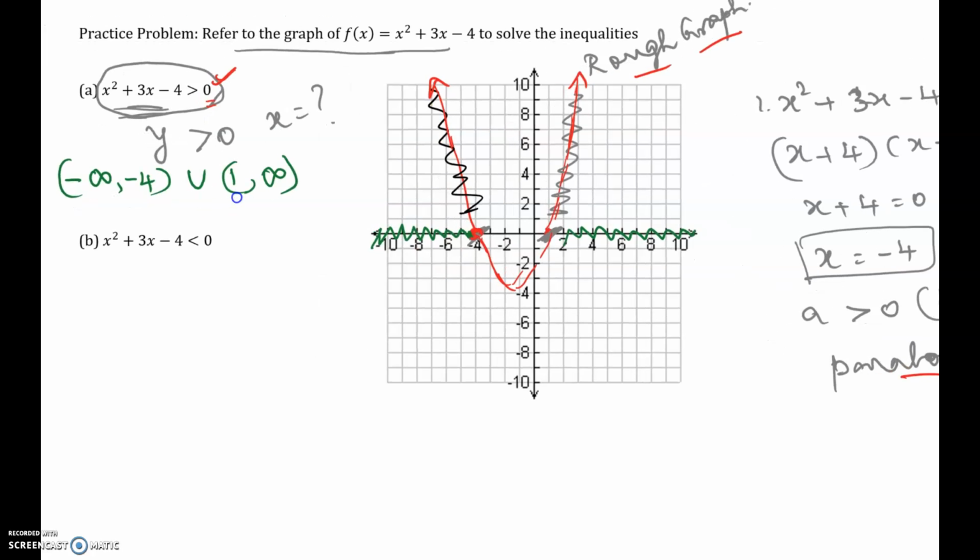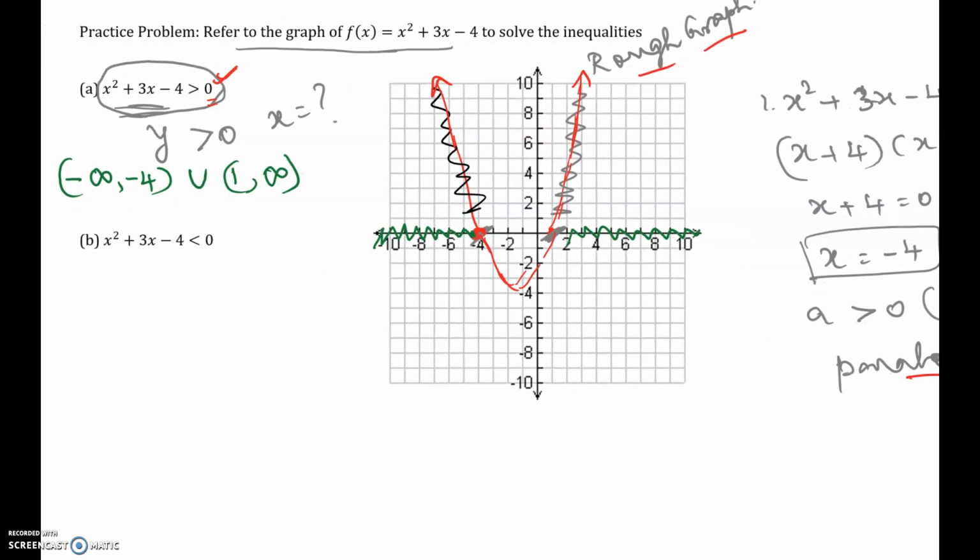Now for the second part, when is this inequality less than 0? The interpretation is, for what values of x is y negative?